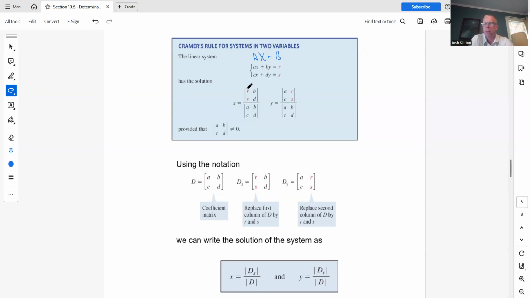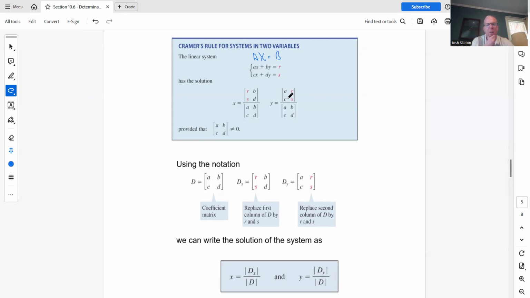For x, we're replacing the x column with the B matrix. With y, we're replacing the y column with the B matrix. And then once we solve those, we get the answer to the system.